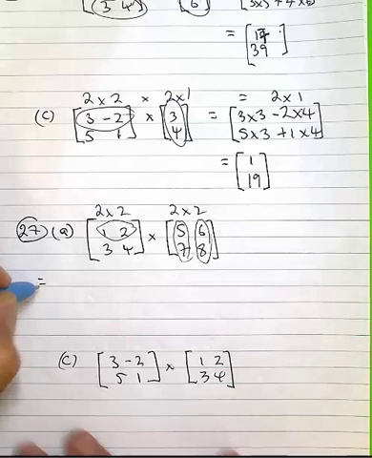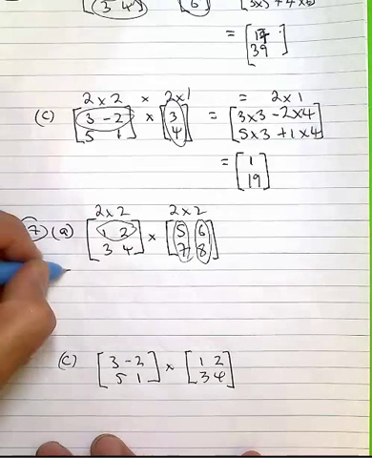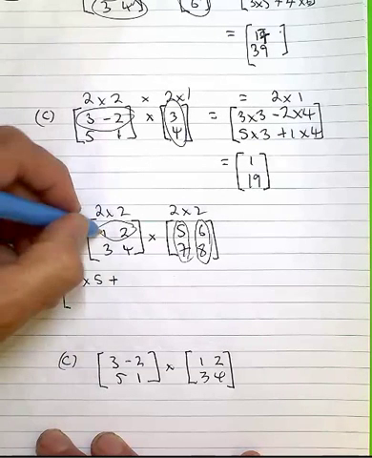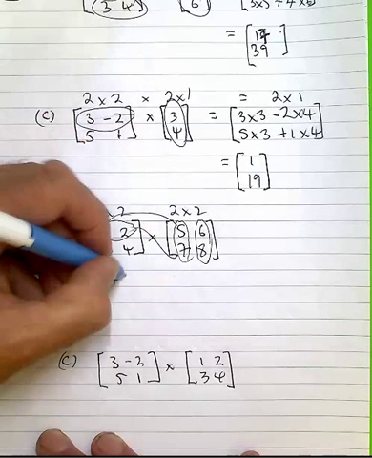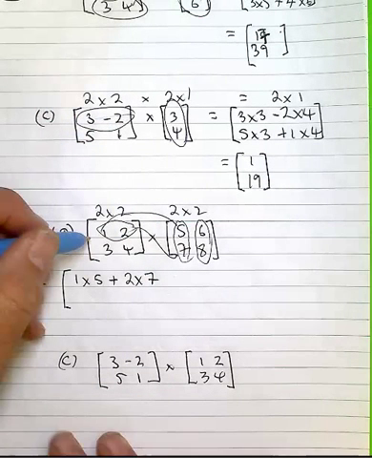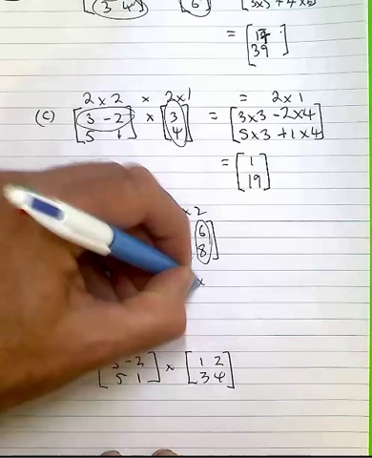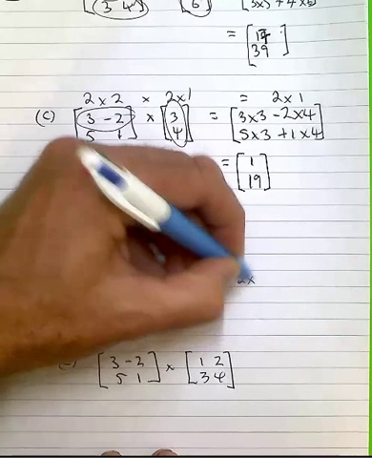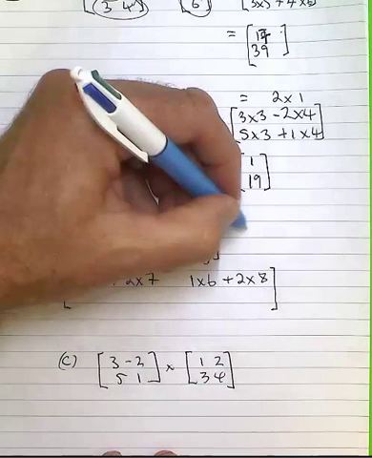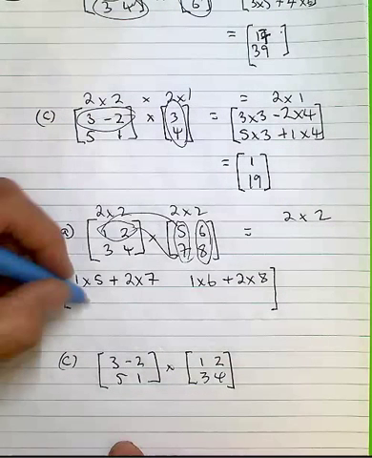Now this is done as an example on your formula sheet. So 1 times 5 plus 2 times 7. The 1 times 6 plus the 2 times 8. So we get a 2 by 2 matrix as our product.